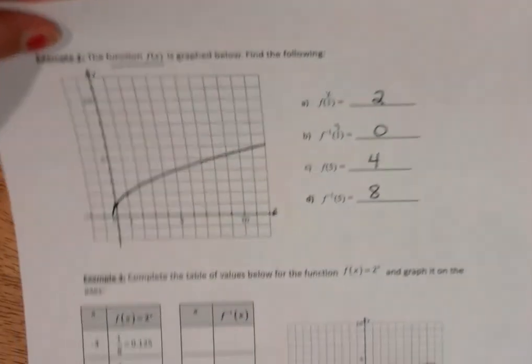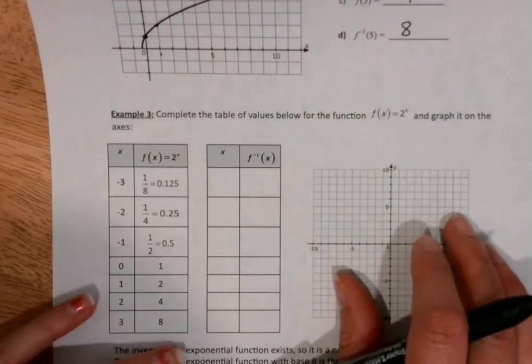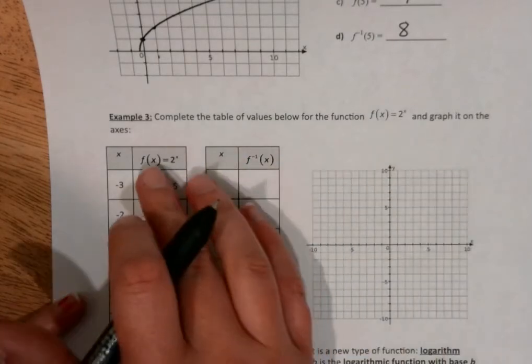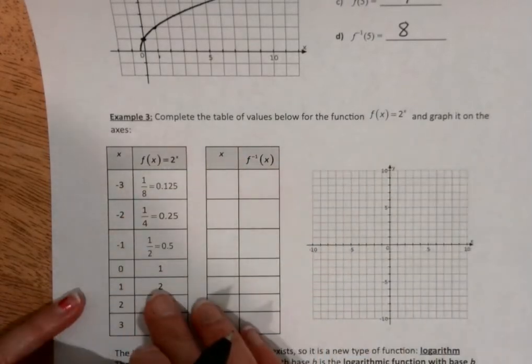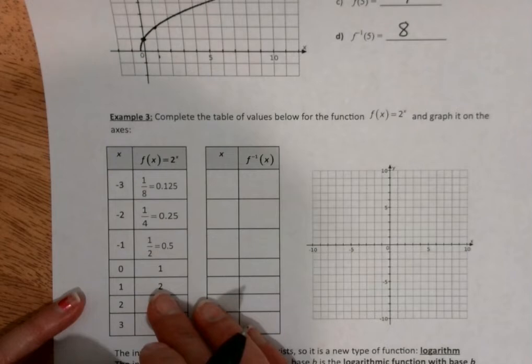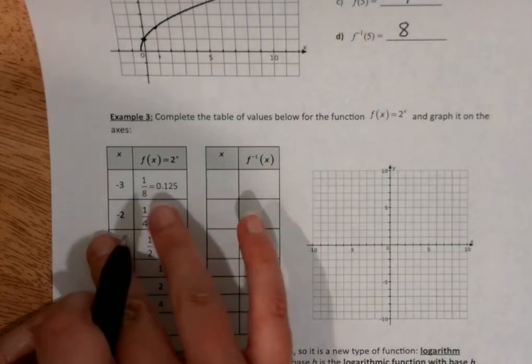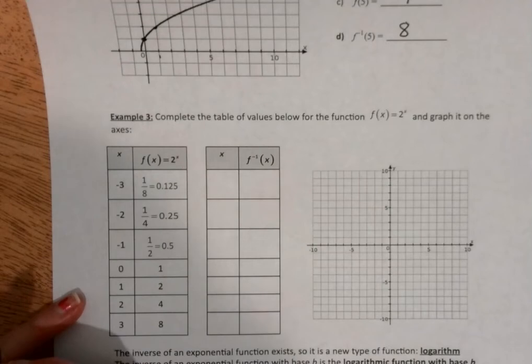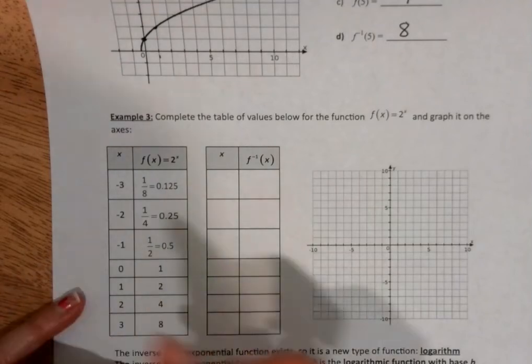Next, we're going to complete a table of values here for the exponential function 2 to the x and its inverse. We already have the values for 2 to the x. We're going to take the values and use them to find the values for the inverse. We said x's and y's switch places. So these two columns are actually literally going to switch. The x's become y's and the y's become x's.